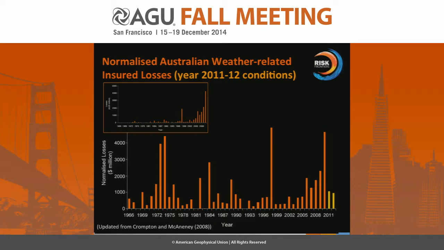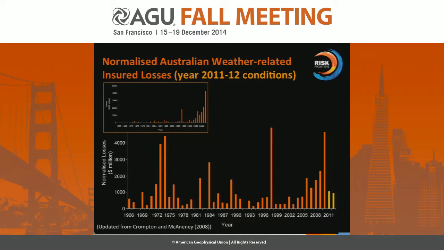And something that's really important in our area is that newer homes in tropical cyclone-prone parts of the country are a lot less vulnerable because of improved building codes that came in after the destruction of Darwin in 1974. So what we see is no trend.